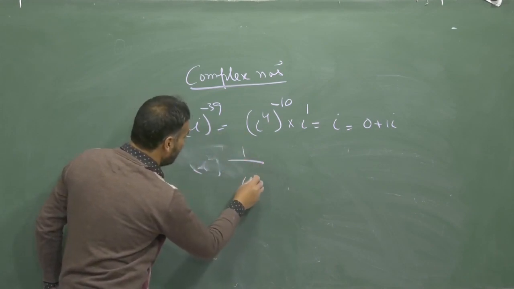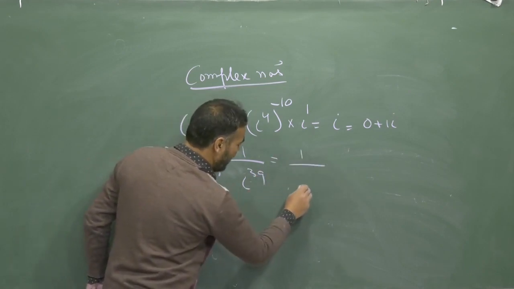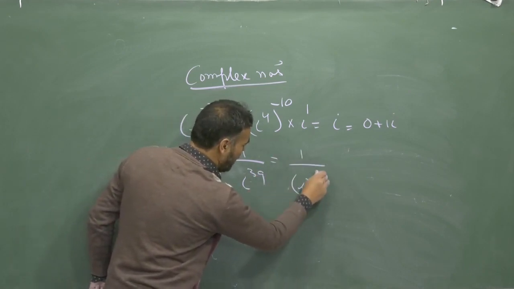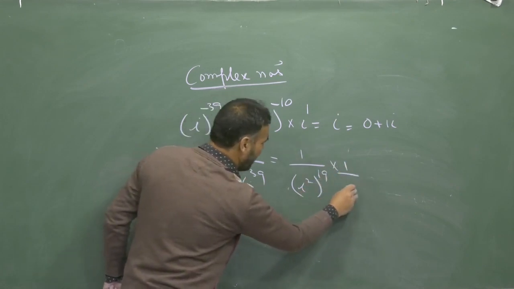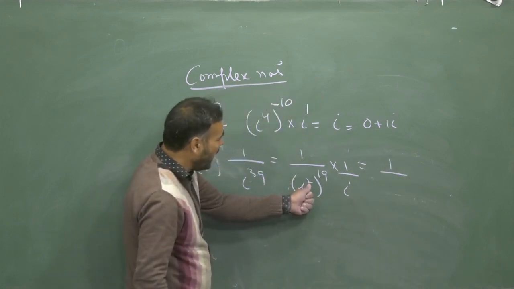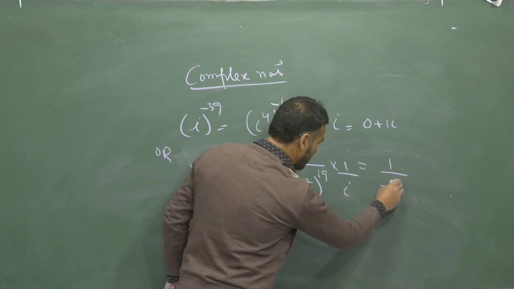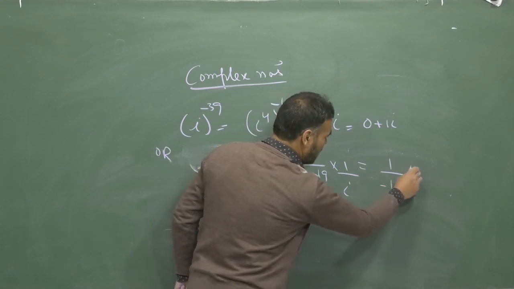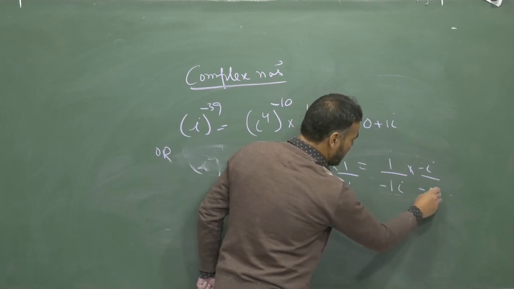Or it is better to write it like this: iota raised power -39 means 1 divided by iota raised power 39. It is 1 divided by iota square raised power 19 into iota. Iota square is -1, so -1 raised power 19 will be -1, and it is iota. So you can rationalize it by multiplying by -iota and -iota.